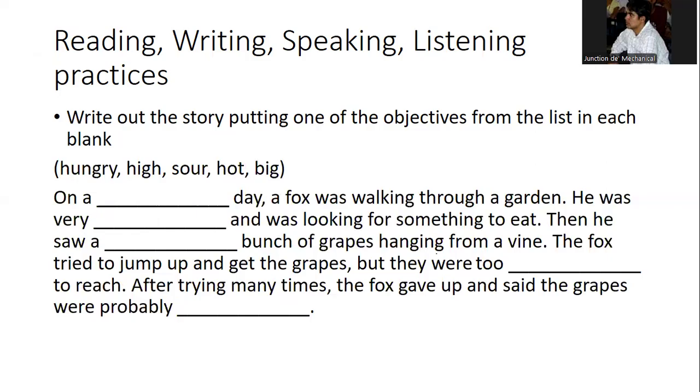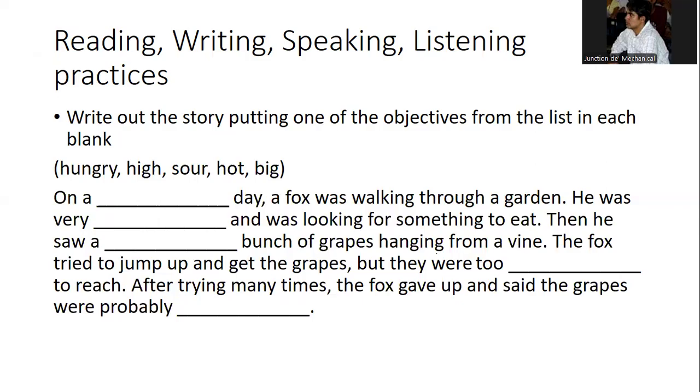On a dash day, a fox was walking through a garden, right? What kind of day was it, whether it was a hungry day, high day, sour day, hot day, big day. I'm sure if you try to put the adjectives randomly also, you will be able to understand that okay, this is not a correct answer, it is a misfit, and you would probably come to a correct answer.